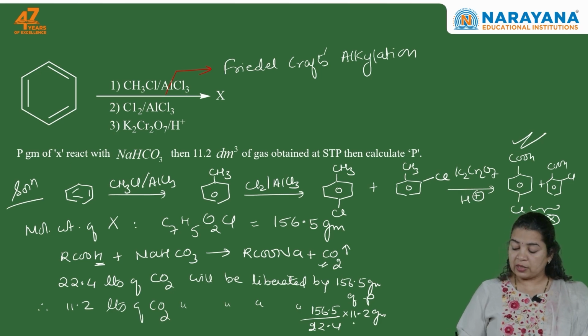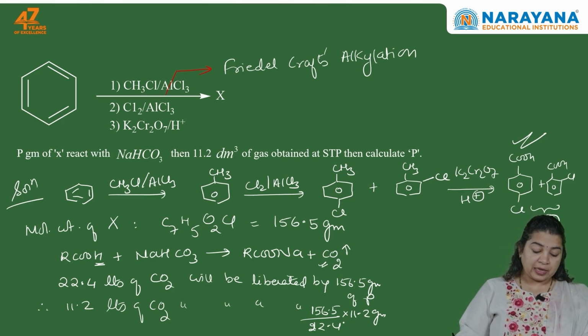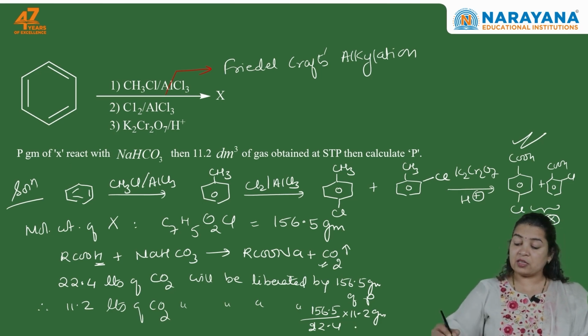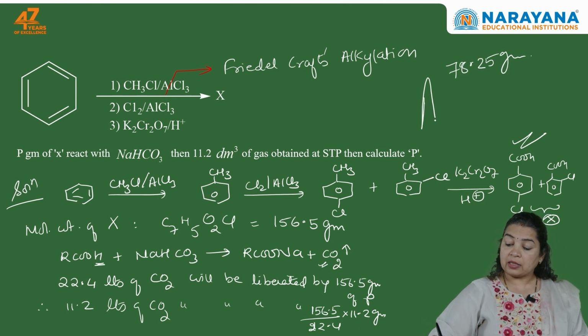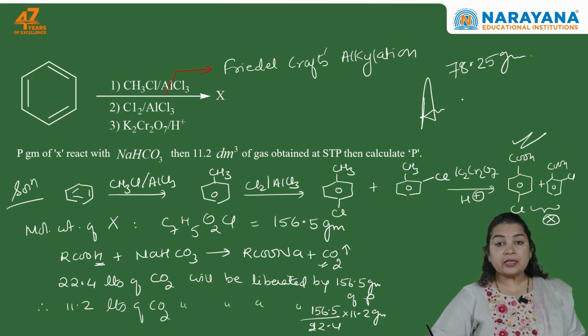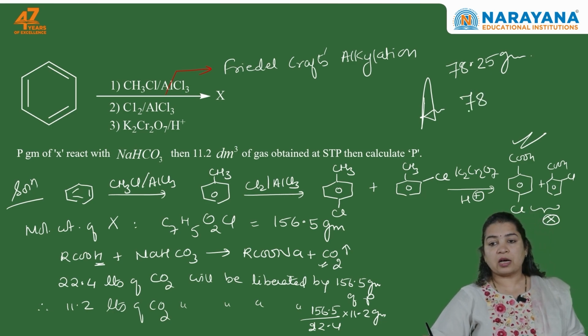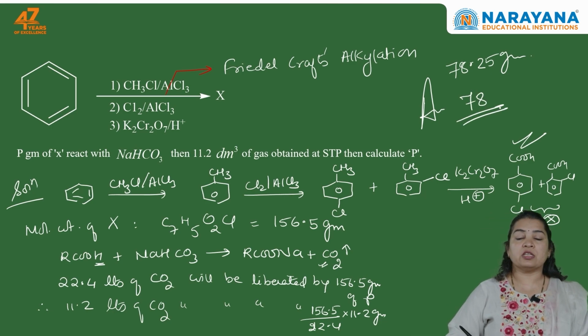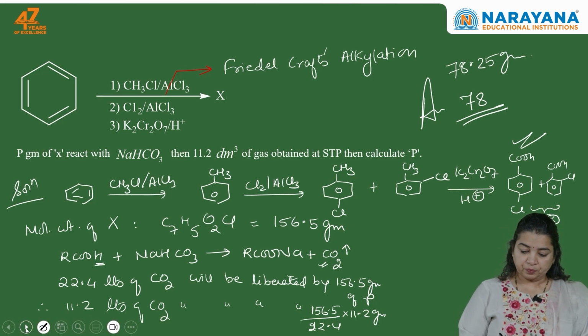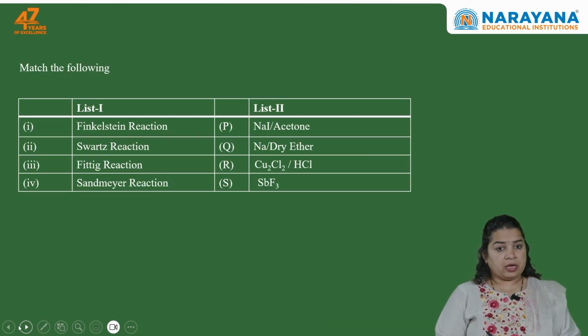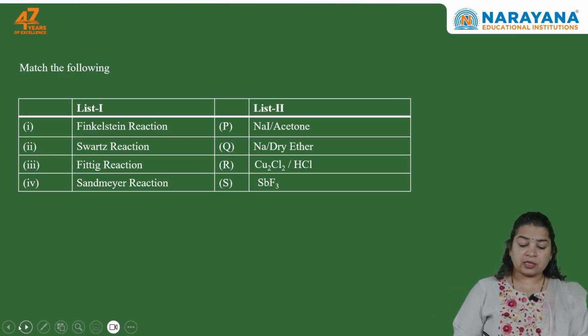If we solve this value, you will get something like 78.25 grams, but the answer is to be given as the nearest integer, so the answer will be 78 grams, or you will put 78 in your response sheet. Okay, if there is any further question, you can ask in the comment.